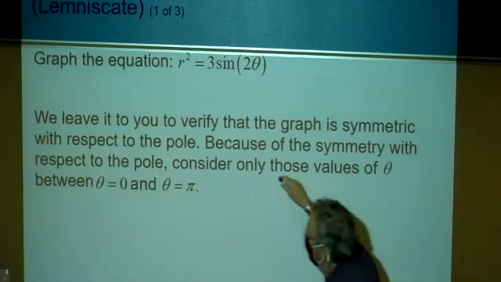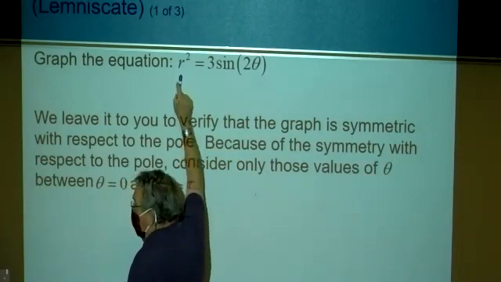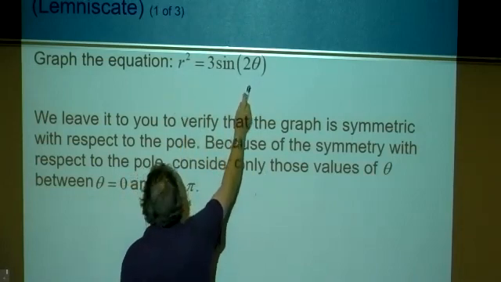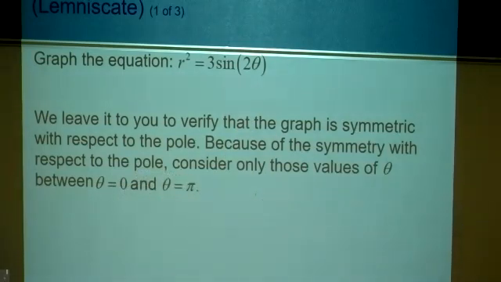Yeah, if I put negative r in for r, that still gives me r squared. So I get the exact same formula. So I don't even have to do the other one where you substitute theta with pi plus theta. Because putting negative r in for r does show that it's symmetric with respect to the pole. And so we only need to look at half of the values, from 0 to pi.